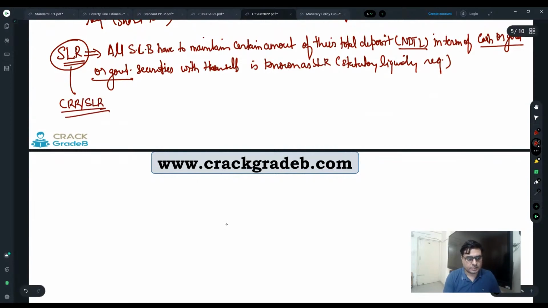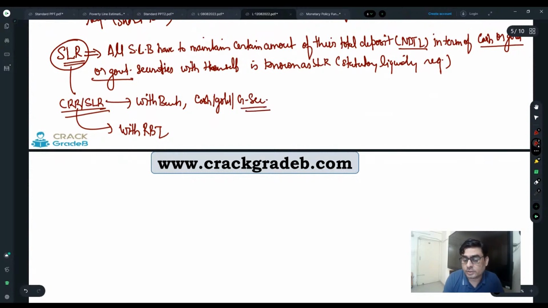The first basic difference: CRR has to be maintained with RBI, whereas SLR has to be maintained with the bank itself. Number two, SLR can be maintained in cash, gold, or government securities, in short G-Secs, right? Whereas CRR has to be maintained in the form of cash.